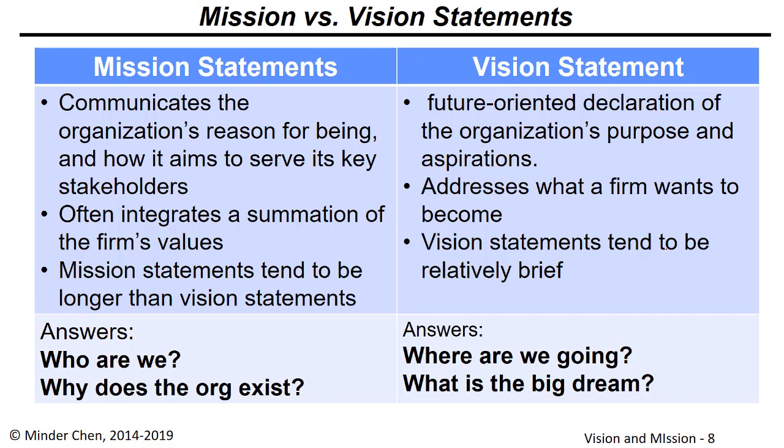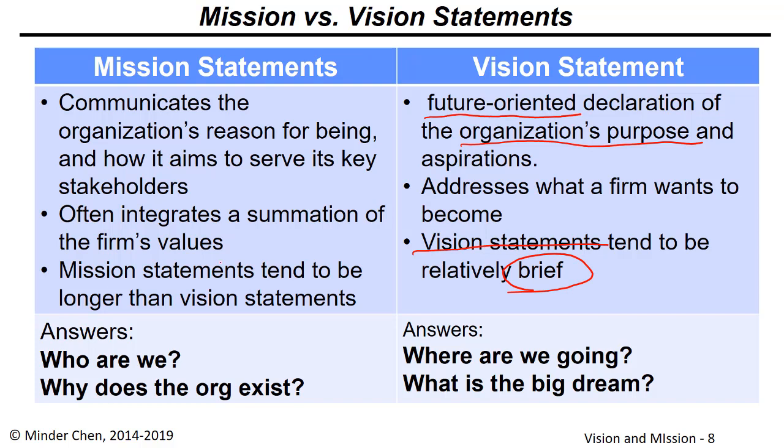This is a comparison between the mission and vision statement. A vision statement tends to be future-oriented, inspirational, and aspirational, and it declares organizational purpose and addresses what you want to be. A vision statement tends to be quite brief compared to a mission statement.